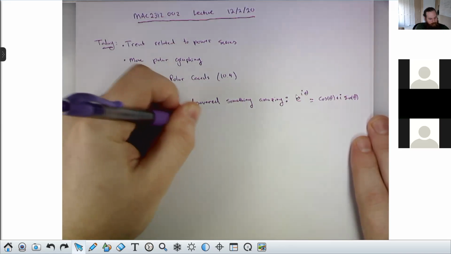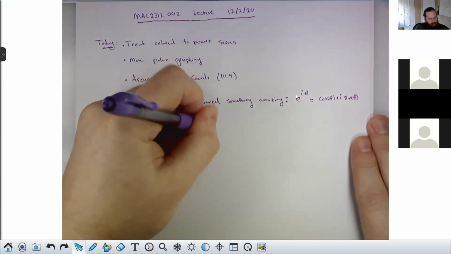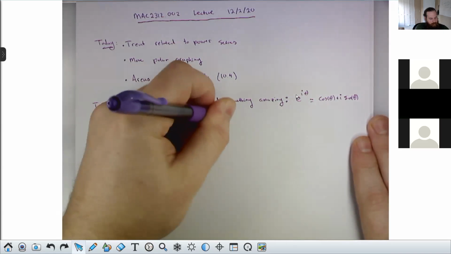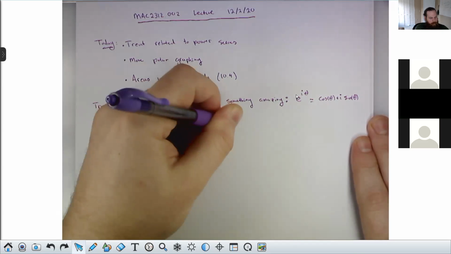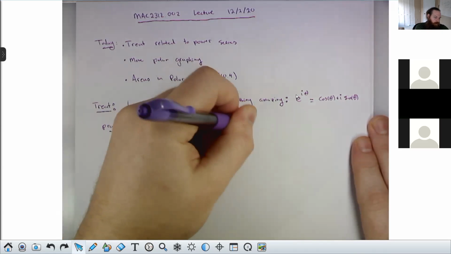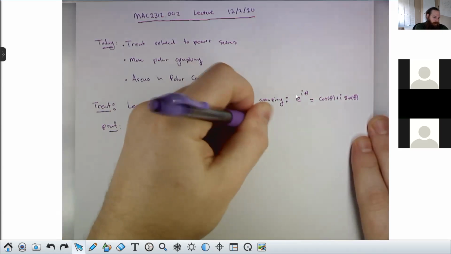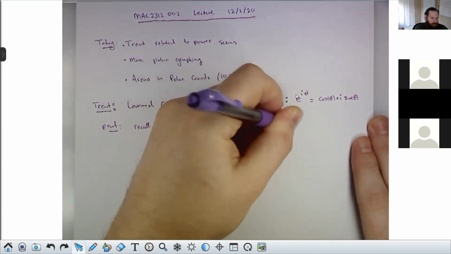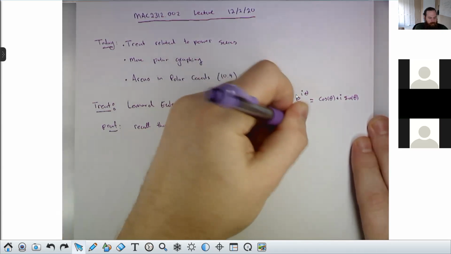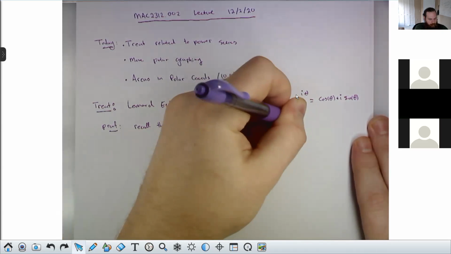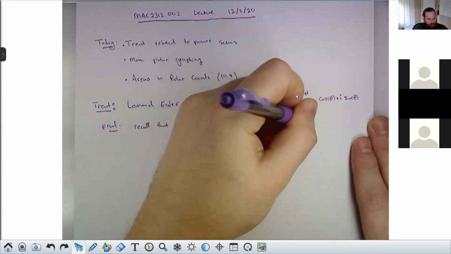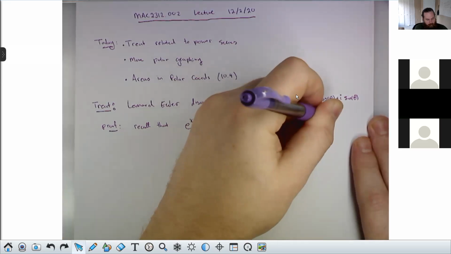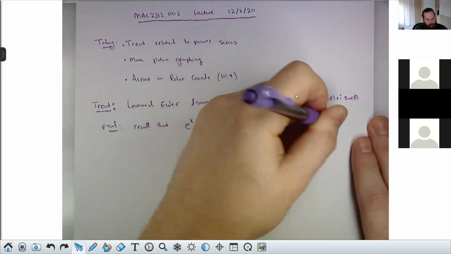e to the x, that's sigma n from 0 to infinity, x to the n over n factorial, which is 1 plus x plus x squared over 2 plus x cubed over 3 factorial plus x to the 4 over 4 factorial plus x to the 5 over 5 factorial, and so on.